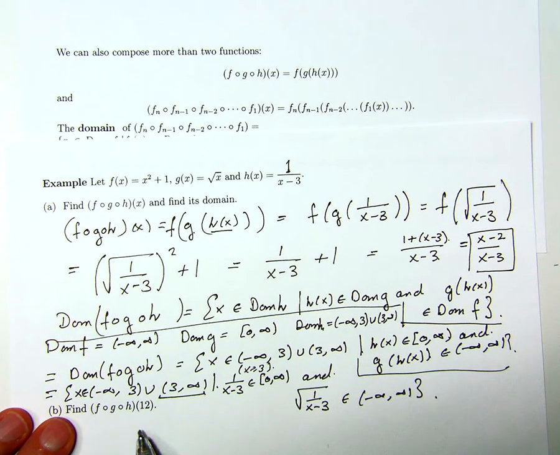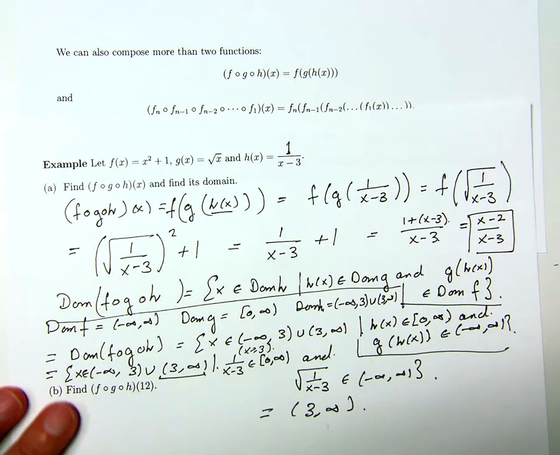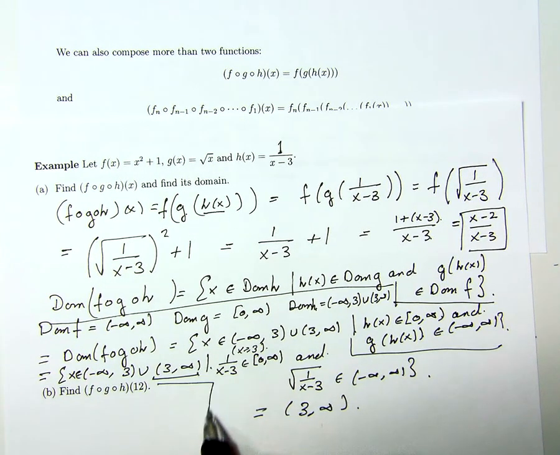It's from 3 to infinity, but I'm not allowed to use 3 because 3 is not in the domain of h. So it's every x excluding 3 for which x is bigger than or equal to 3, and the square root of 1 over x minus 3 is a real number. Well, that's not really a restriction. So this ends up being all numbers from 3 to infinity, not including 3.